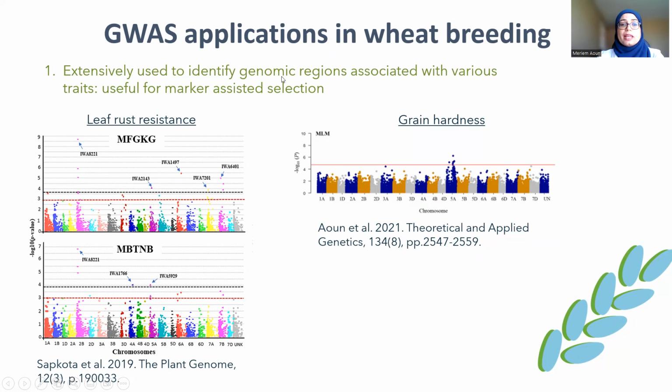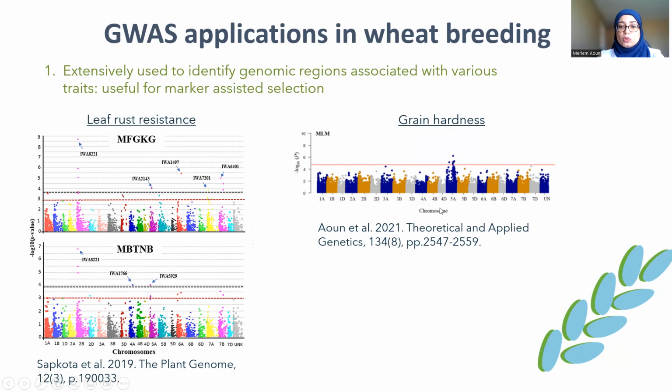So that's why they can be useful in marker-assisted selection in comparison to markers from biparental populations, where the mapping resolution is lower. So here are two examples of GWAS that were done for leaf rust resistance and for a quality trait, which is the single kernel hardness.